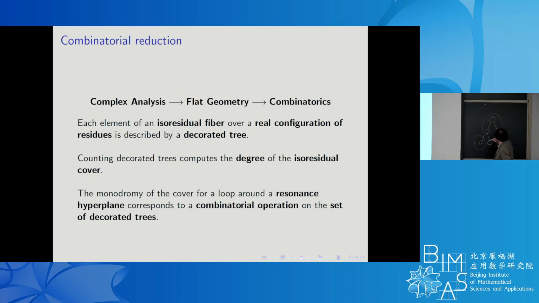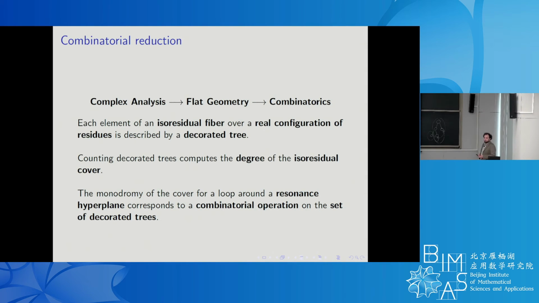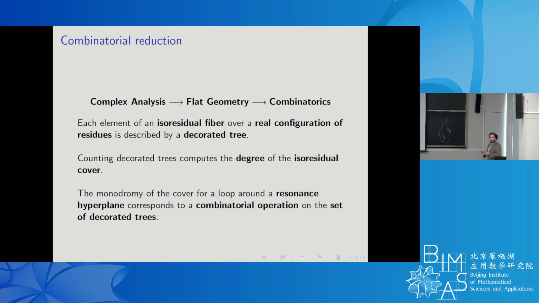What's going on then is that this edge will be cut and moved elsewhere, depending on how many turns you are performing around your resonance hyperplane. So the computation of the monodromy of this cover can be completely translated into combinatorial operations on graphs.